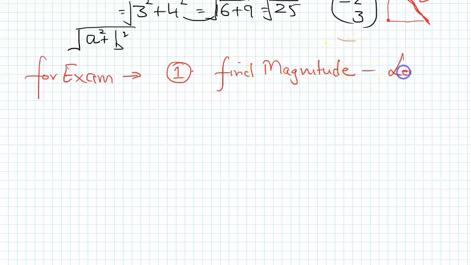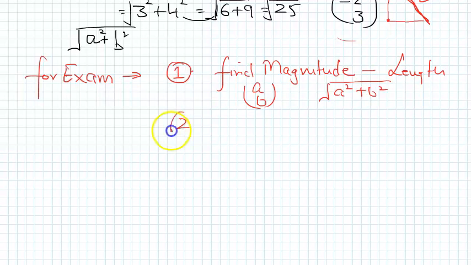It is just a length, and that is root a square plus b square. It's as simple as that for a vector AB. If it is negative, you write it negative. If it is positive, you write it positive. Point number 2 is add or subtract vectors.